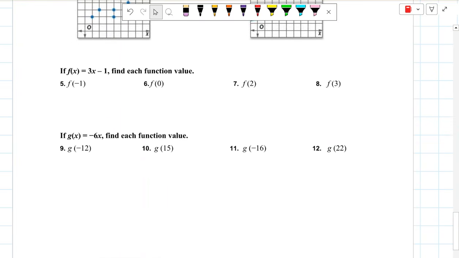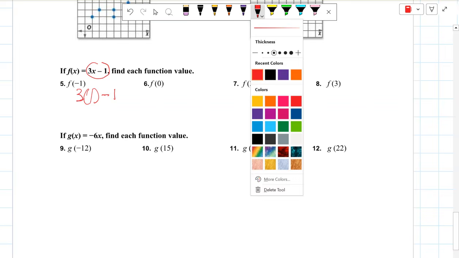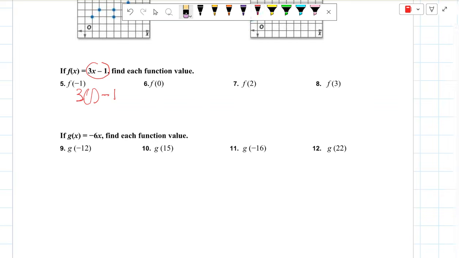Number 5. Let's go over this one. So here is our rule. And so we'll write down 3 parentheses minus 1. And inside the parentheses, we're going to put negative 1. And that's that sloppy piece right there. Let me get that fixed. There we go.